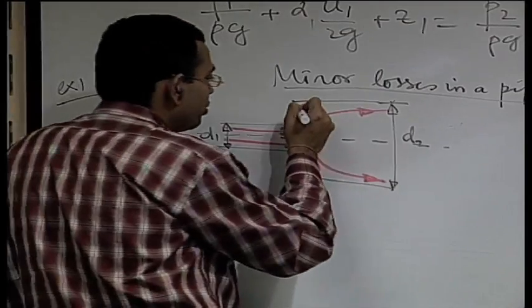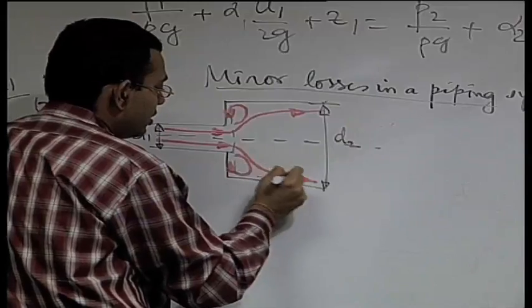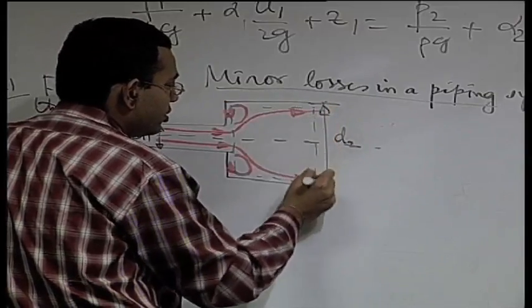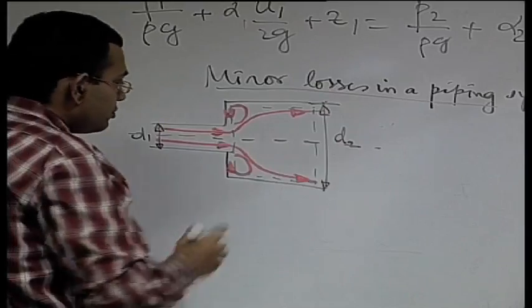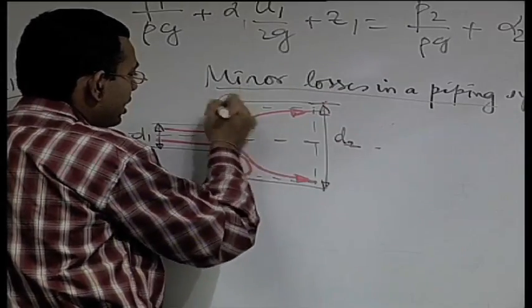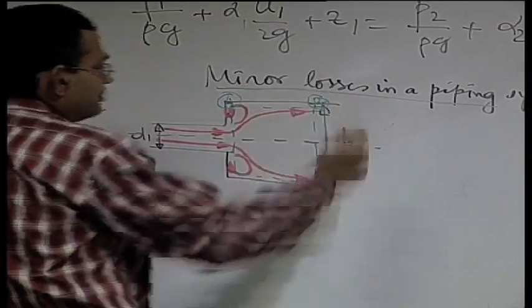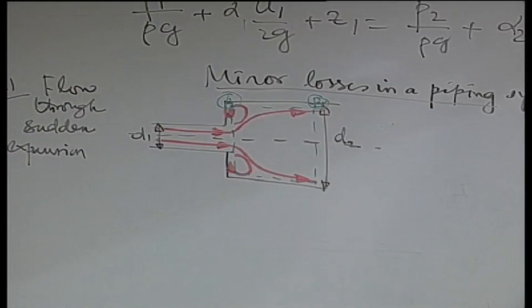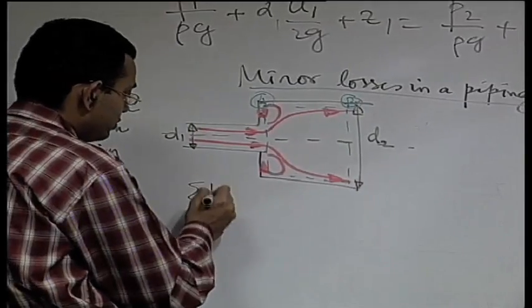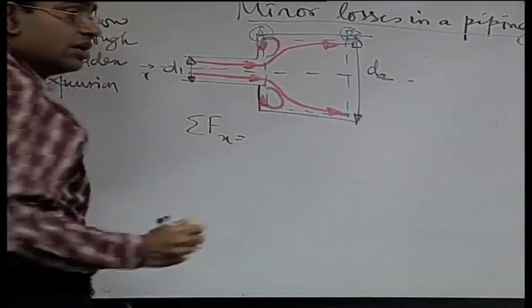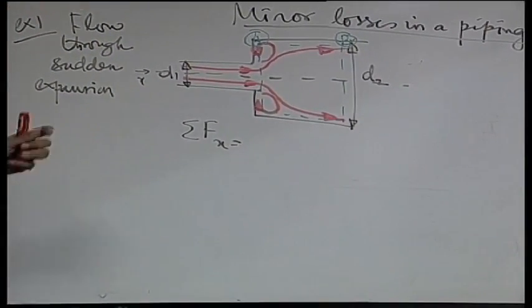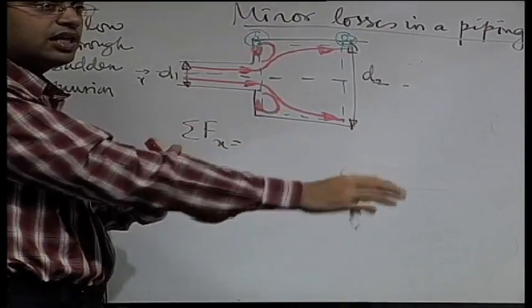So we take a control volume and try to apply the Reynolds transport theorem, momentum conservation. Let us say that we take this section as section A and this section as section B. For this control volume, the resultant force along the x direction, if it is x, I am just writing the final simplified form because we have discussed such problems many times.